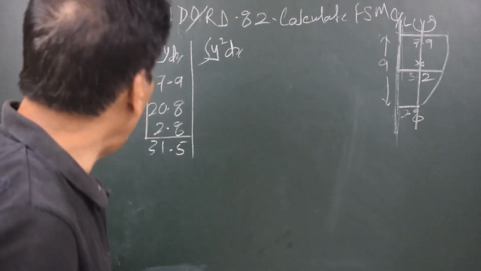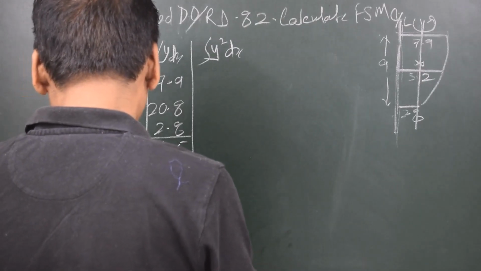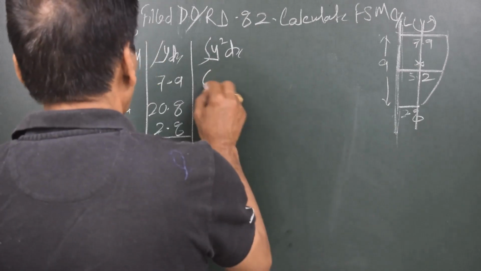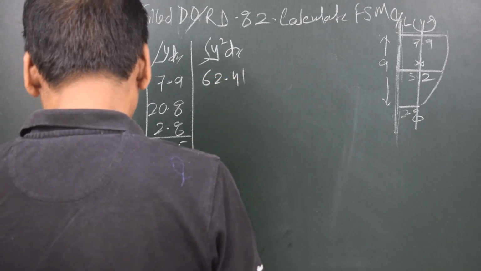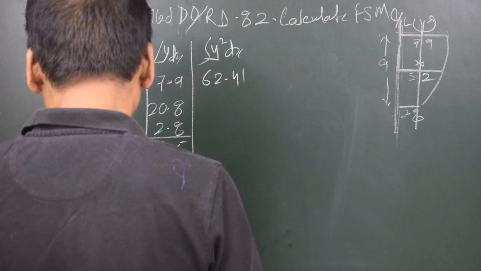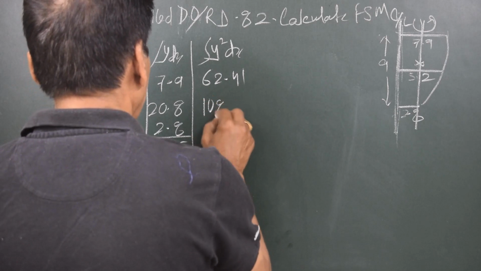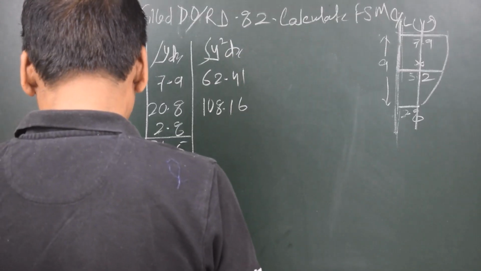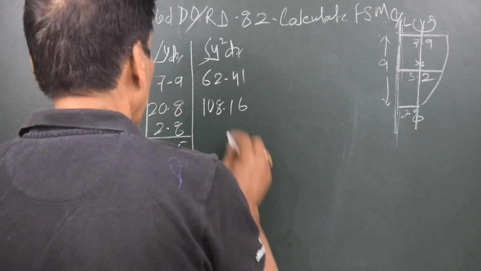So 7.9 multiplied by 7.9 gives me 62.41. 20.8 into 5.2 gives me 108.16, and 2.8 into 2.8 gives me 7.84.